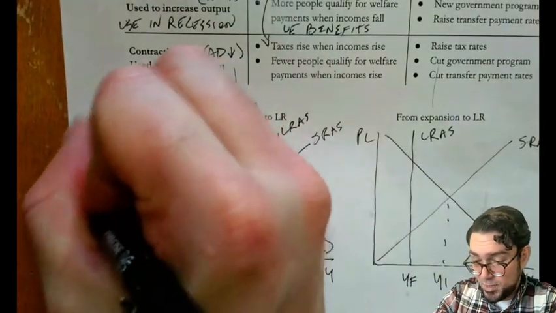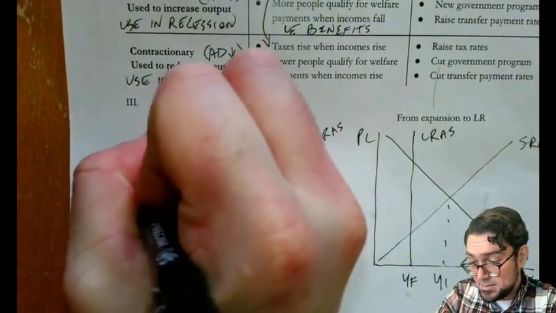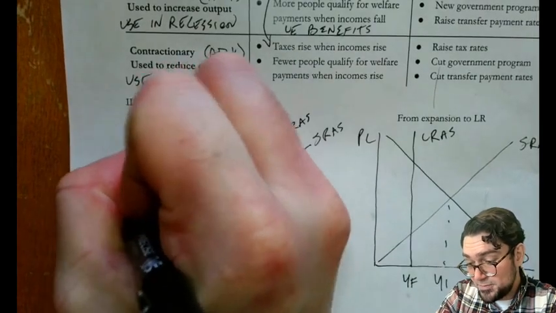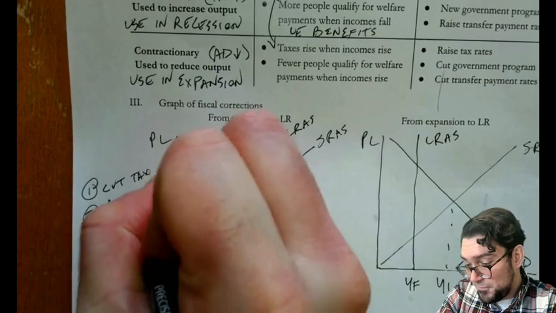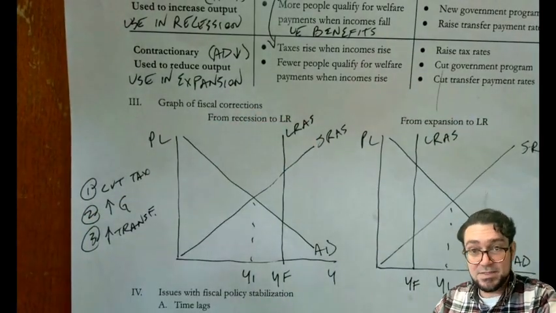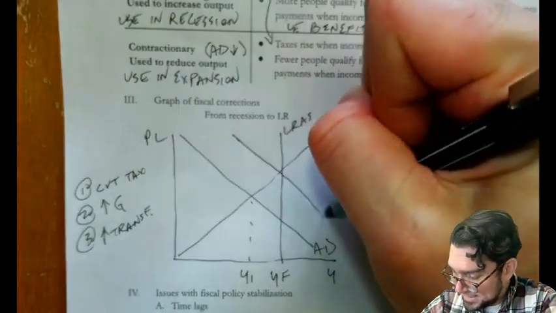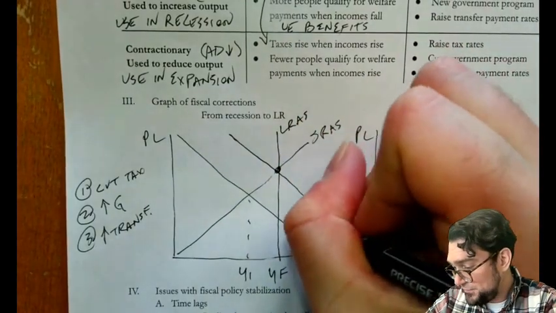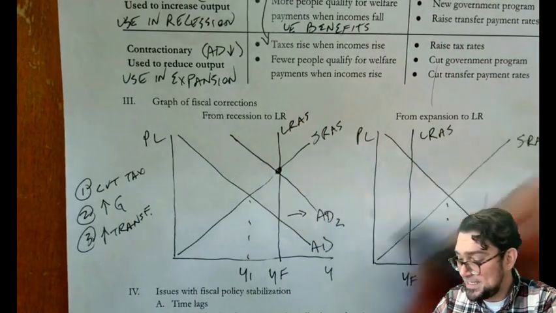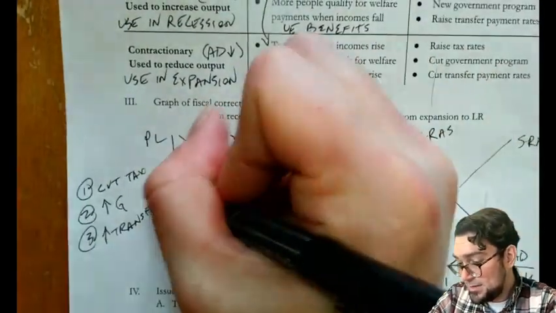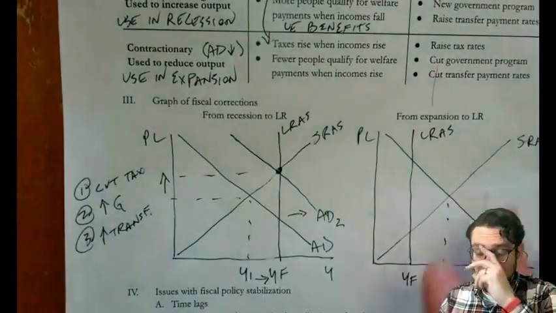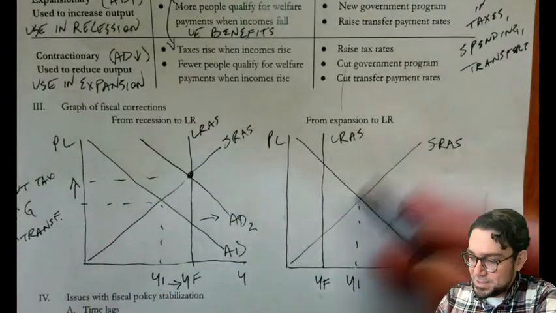Well, we could say 1, cut taxes. 2, increase government spending. 3, increase transfers. All 4 of those would do exactly the same thing. They would all increase aggregate demand. And so we shift the AD curve to the right. We're going to say to AD2, output goes back to full employment, and price levels go back to where they started.